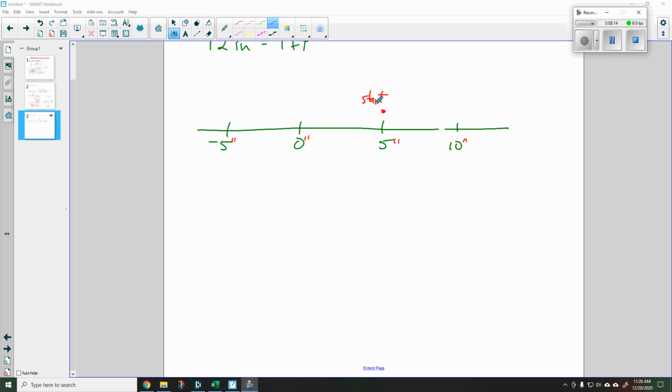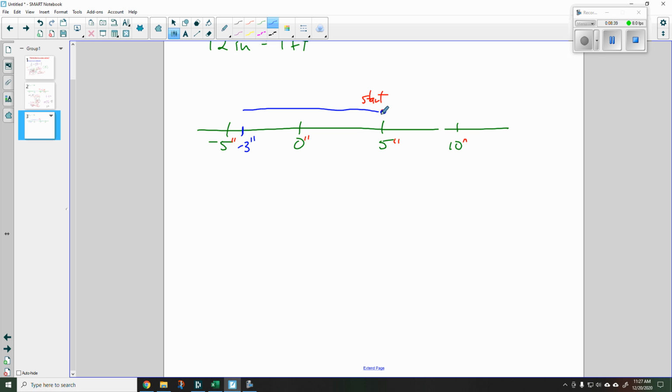But again, I am going to start here at the 5-inch mark. But I am going to go this way. And I'm going to go, let's say, over here to -3 inches.